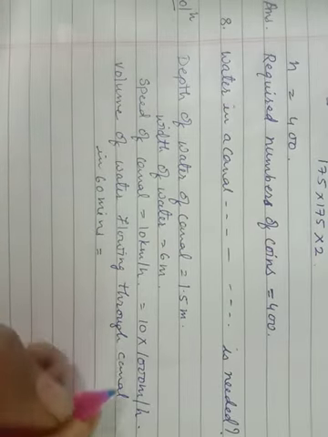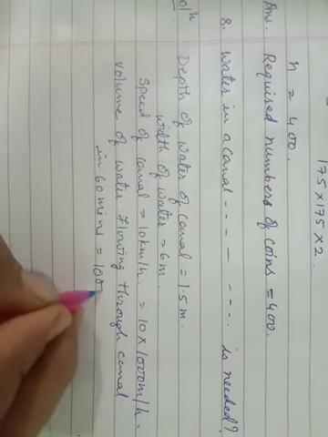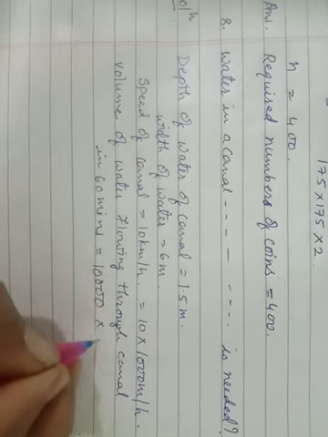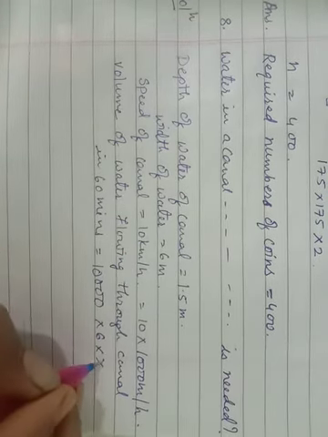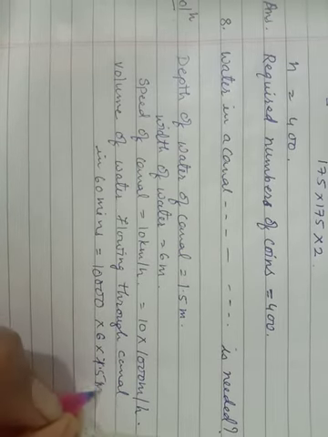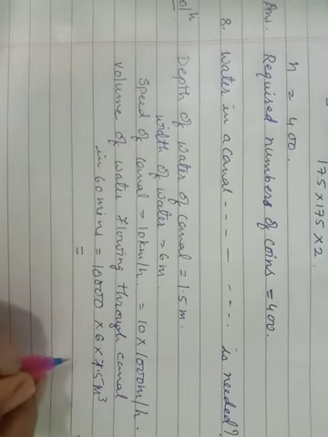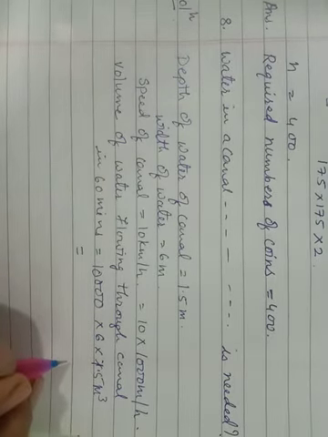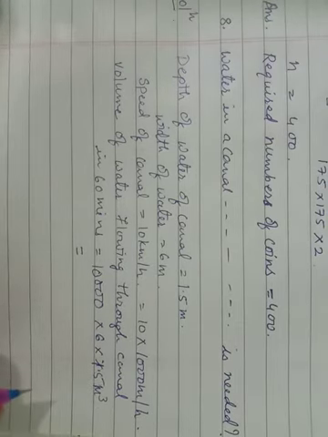That will be equal to 10,000 into 6 width and depth, 1.5 meter cube. When we multiply this, we'll get some answer, but we are not multiplying here because we have to convert this into minutes also.